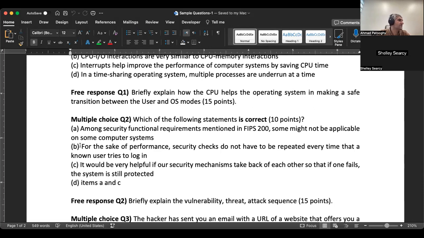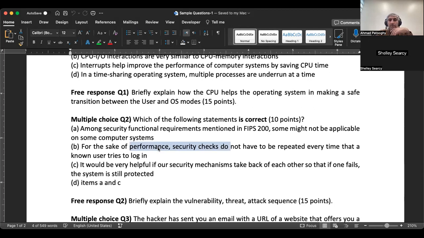Let's go to B. B says, for the sake of performance, security checks don't have to be repeated every time. Okay, this is of course a wrong statement.